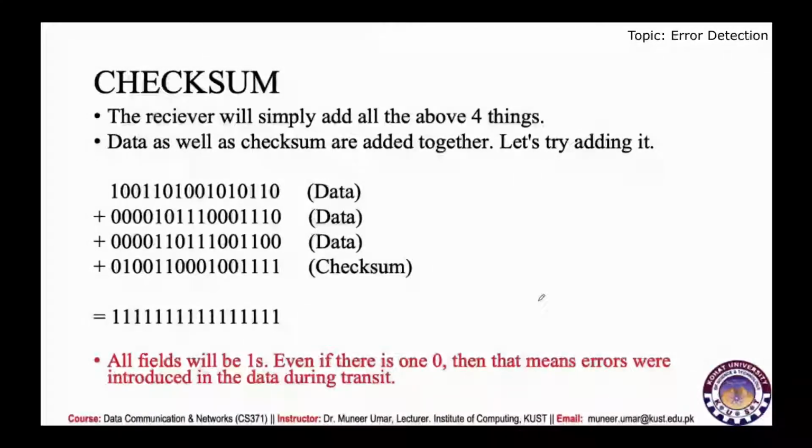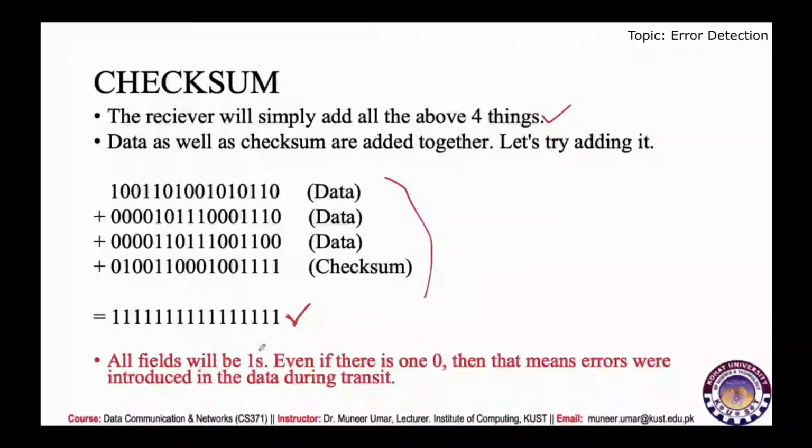The receiver will simply add all the above four blocks. All these blocks will be added. Data as well as checksum are added together. So if we add all these, we will get these 16 bits.